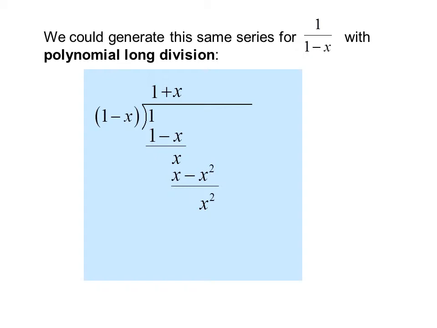We continue this process, and we get x squared on the top, and then x cubed, and we could keep going, but we see the pattern. So we have a surprise use for polynomial long division, sort of a bonus for this lecture.